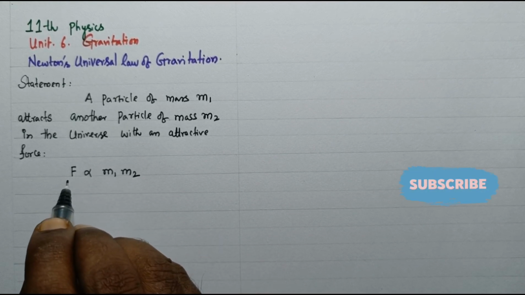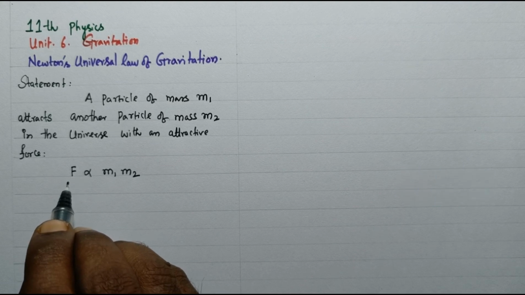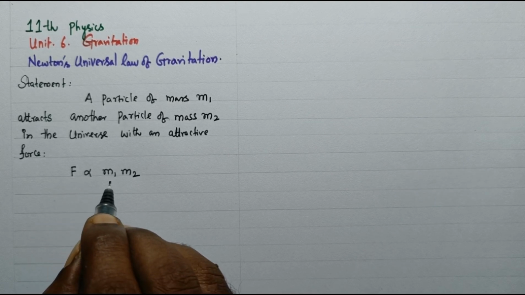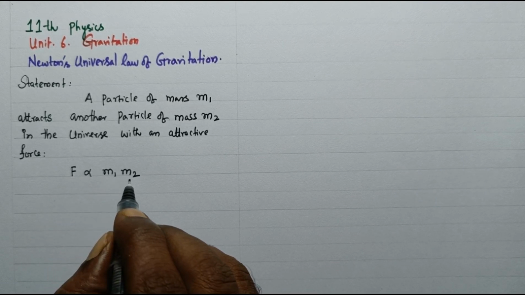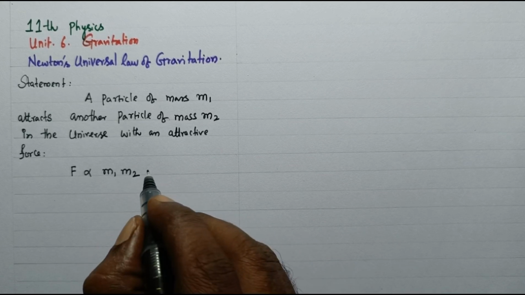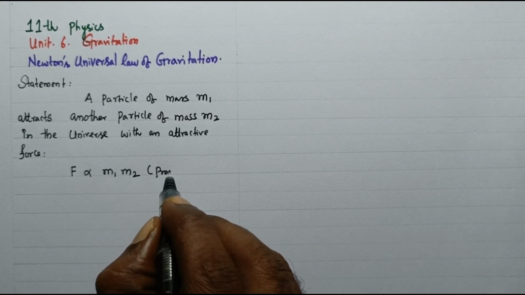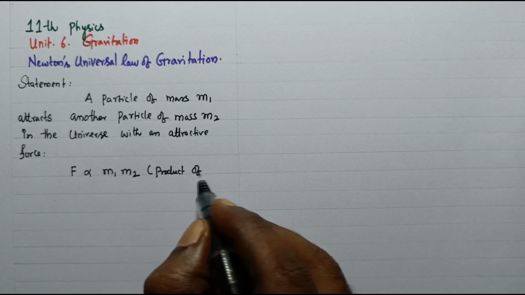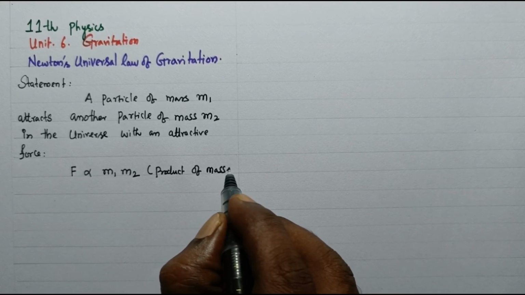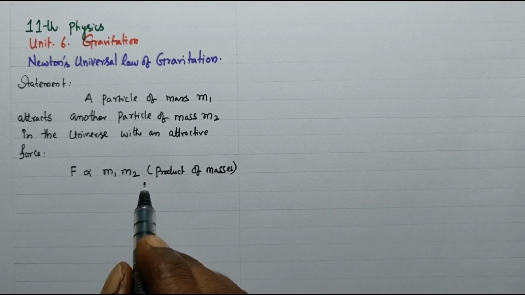This is the strength of the gravitational force. The strength of the gravitational force is proportional to the product of masses m1 into m2. This is called the product of masses. It is directly proportional.